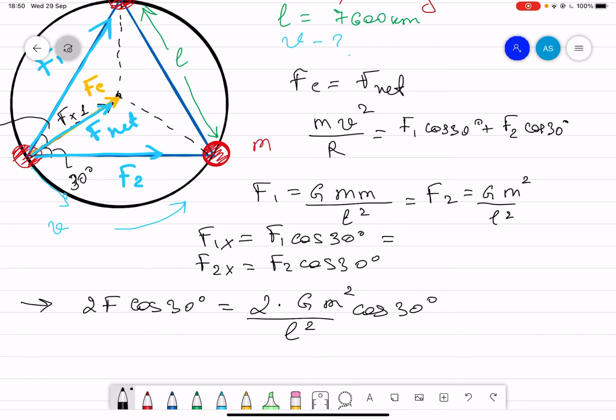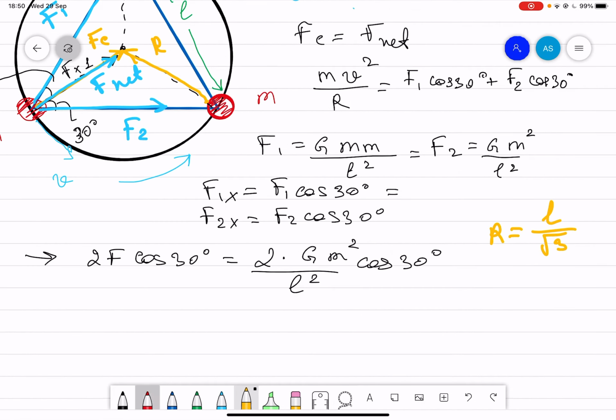Now we know that this is our radius. Now the radius is equal to what? If you do the math calculation, you will find that our radius is equal to L divided by the square root of 3. So let's continue.